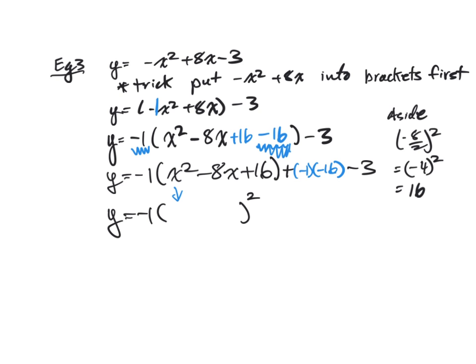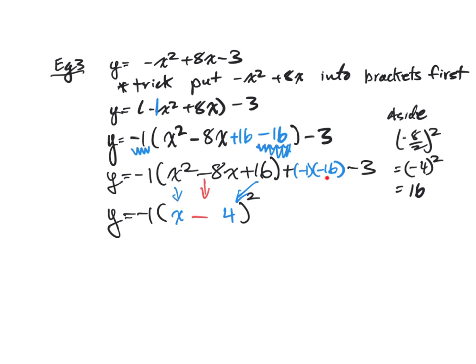So remember, the two numbers come from this, and it's the square root of x squared is x, and the square root of 16 is 4, and we get the sign from the middle term, so it's minus 4. So we get x minus 4 all squared. Now, this thing: plus, minus, minus.